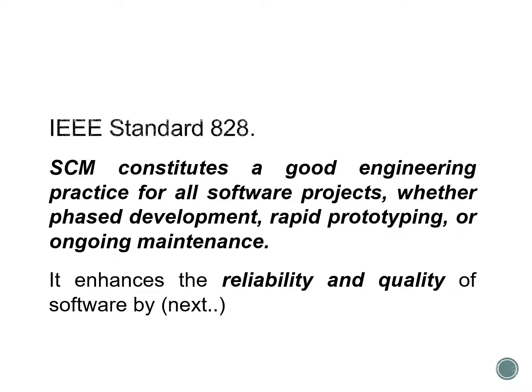So software version control and management constitute a good engineering practice for all software projects, and of course it's not related to the actual development process approach. Even if we are using agile or continuous delivery or whatever we have been talking about on this course beforehand, it's not really related to that.